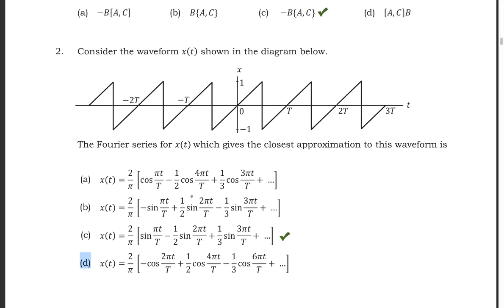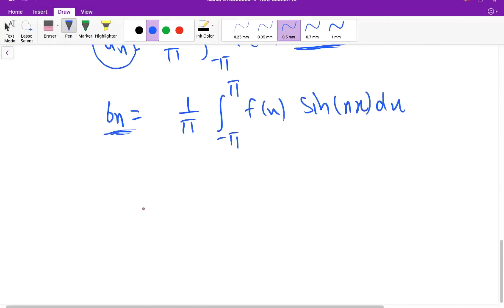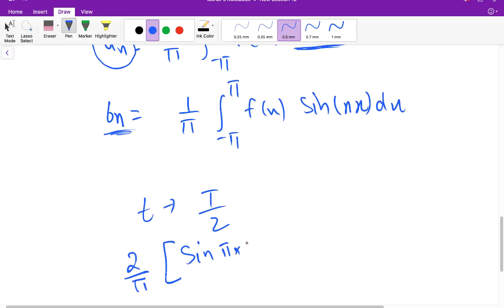So as t tends to t by 2, we basically get terms like 2 by pi into sine of pi into t by 2. There is t here, so the t cancels, so sine of pi by 2, which is 1, minus half into some 0 like terms and other terms.